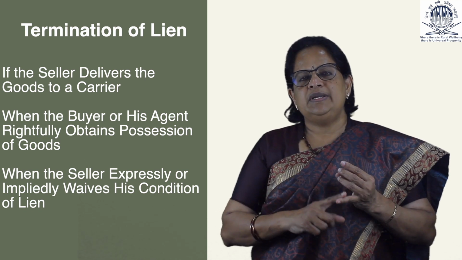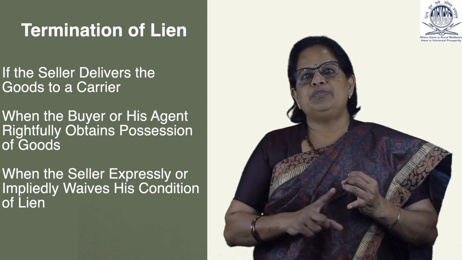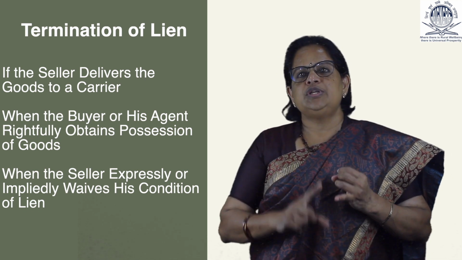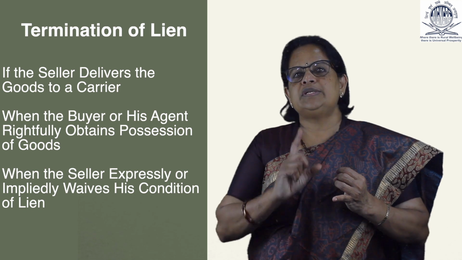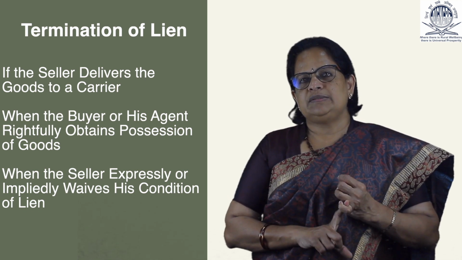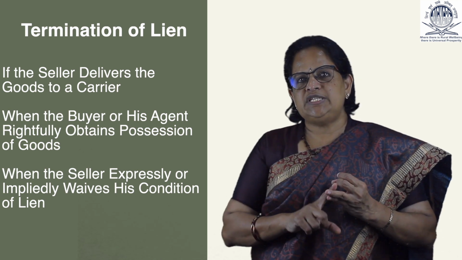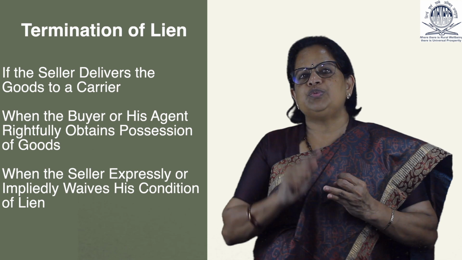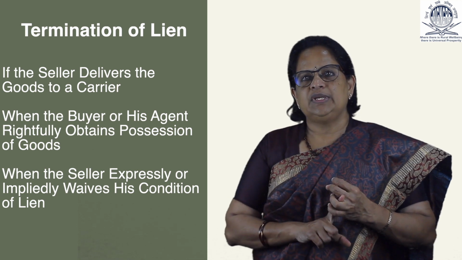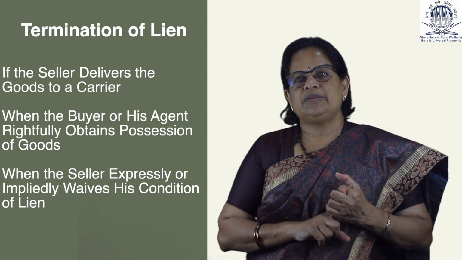First, if he delivers the goods to a carrier or other bailee for the purpose of transmission to the buyer without reserving the right of disposal of the goods. Second, if the buyer or his agent lawfully obtains possession of the goods. Third, if he waives the right of lien on the goods.